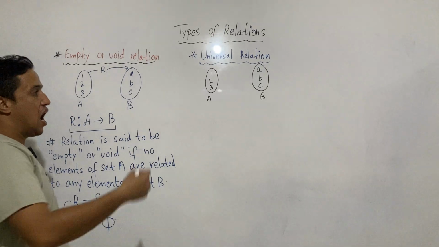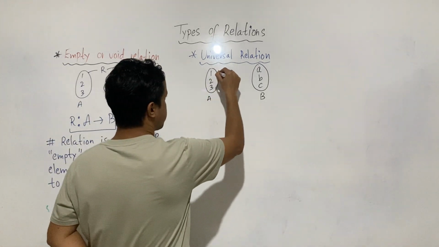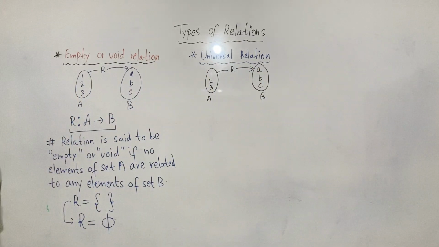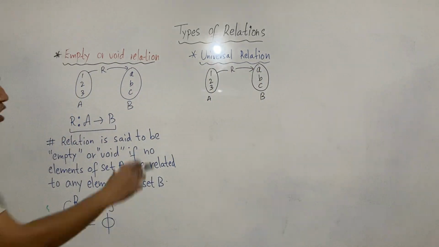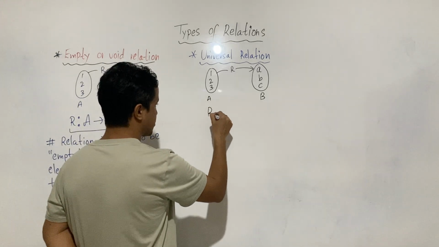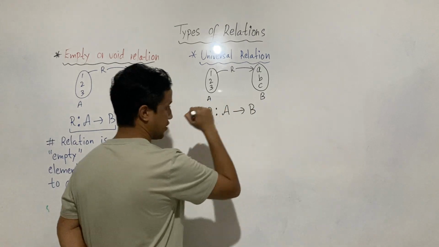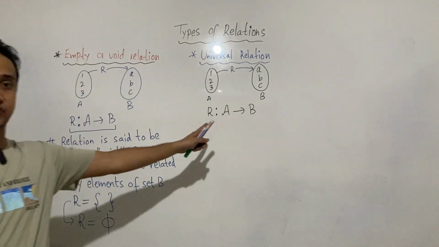Now R is a relation defined from set A to set B. This is how we represent a relation.